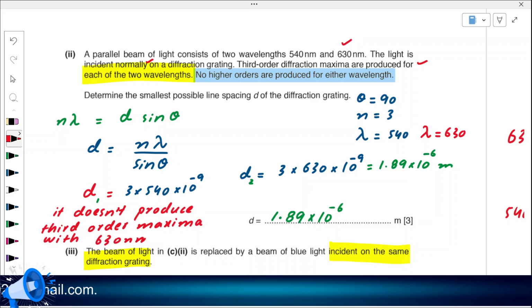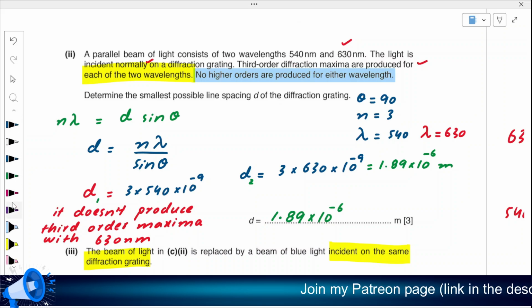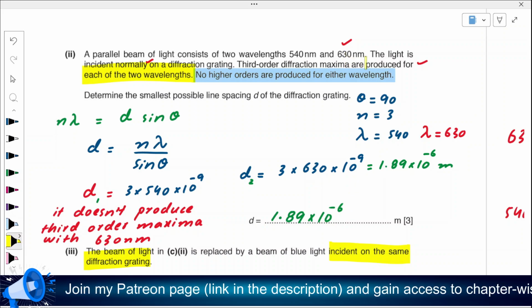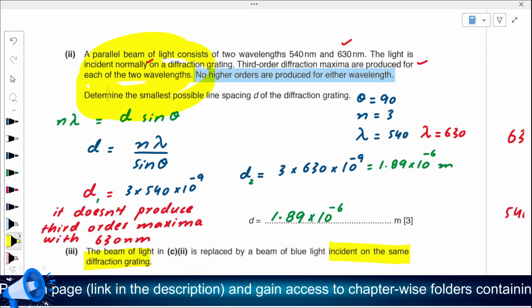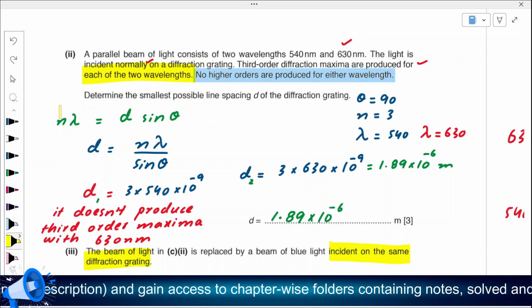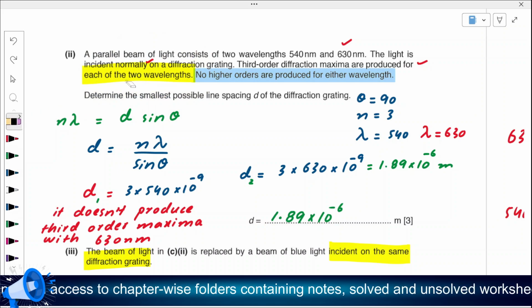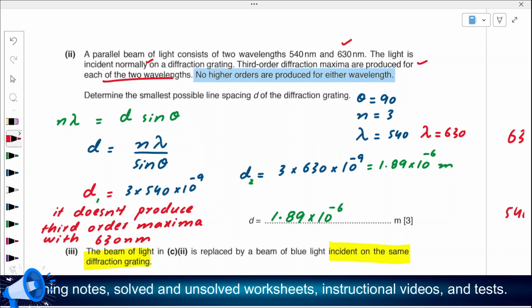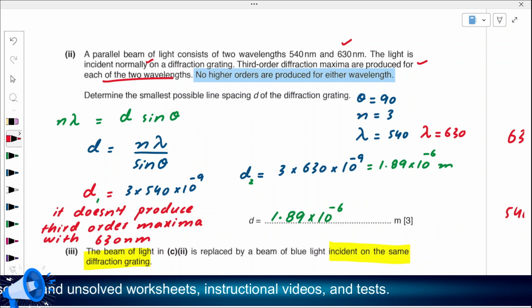Will it produce the third order maxima with the wavelength 540? Yes, it will. But it was given in the question that the diffraction grating should be able to produce third order maxima for each of the two wavelengths. So if it fails at one, it is not the smallest distance.